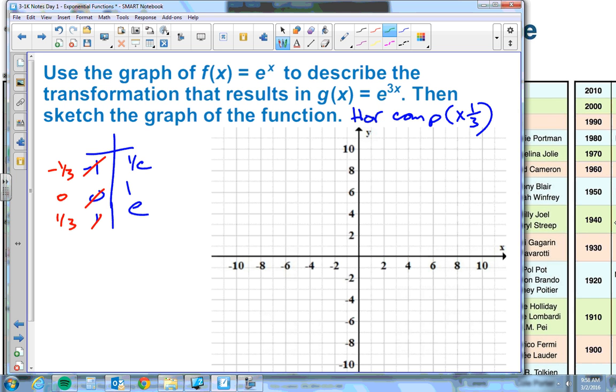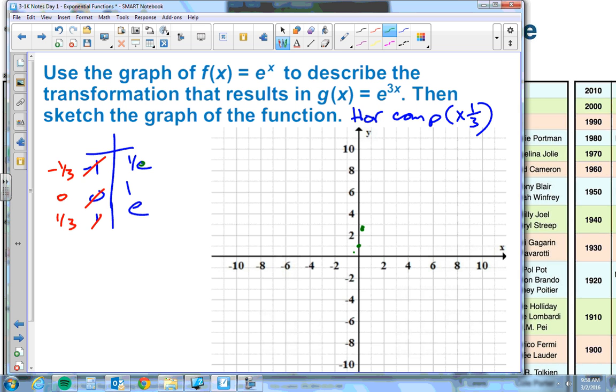And we're just going from the origin. So it'll be right here. Still 0, 1. But then 1/3, e. Go over a third and up 2.7. It should be like in the top left corner of that little square. And then here, we're going left a third, and up 1 over e is between a third and a half.